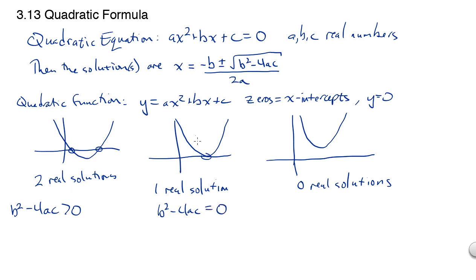If this whole thing is 0, then it goes away, and you just have negative b over 2a. There's no plus or minus because it's just 0. And if b squared minus 4ac is less than 0, then you have a negative number underneath the square root, which isn't defined for real numbers. Those are your three major cases with this quadratic formula.